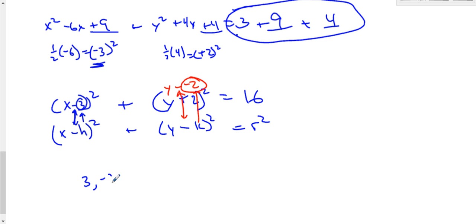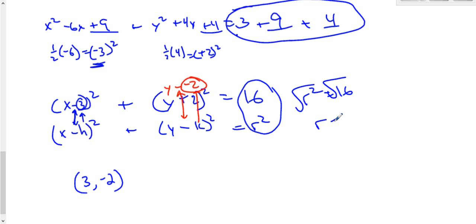So k is negative 2. So there's my center, 3, negative 2. Now r squared is equal to 16. I'm trying to find the radius, which is just r. So I'm going to square root, and I get r equals 4. I don't need negative because the length of a radius cannot be a negative 4. So here my radius is 4.